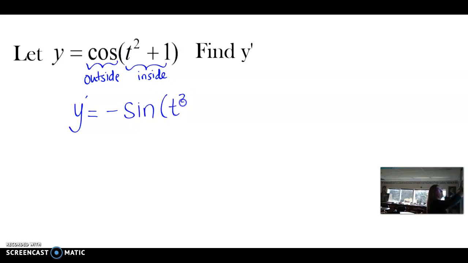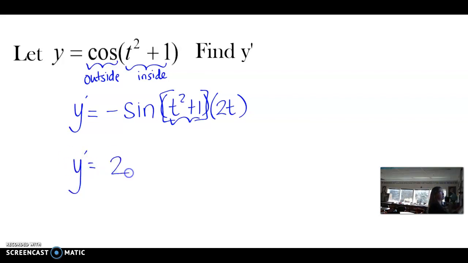Do not do anything to the inside, and you multiply that by the derivative of this inside. So ignore that cosine and that negative sign for a second and just focus on this inside piece, multiply by the derivative of that, which is just 2t. And when you write that final answer, it's negative 2t sine of t squared plus 1.